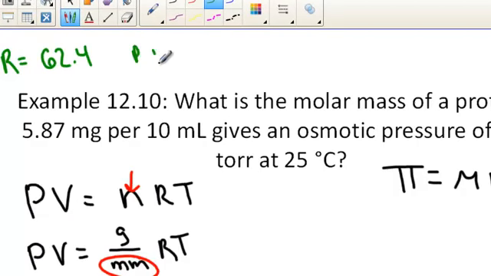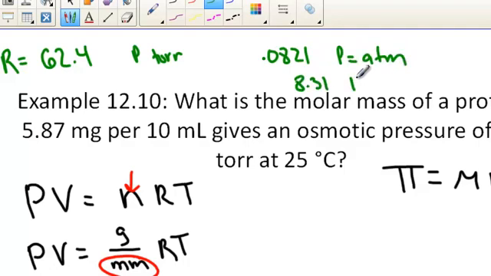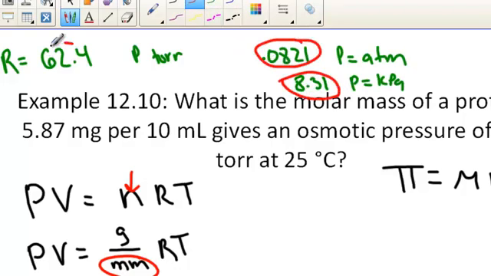62.4 if pressure is in torr. 0.0821 if pressure is in atmospheres. And it's 8.31 if pressure is in kilopascals. I grew up memorizing the three different R constants and just made sure I matched the pressure unit by selecting the correct one.